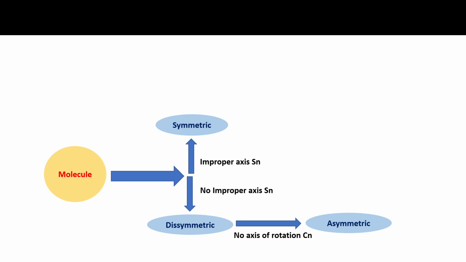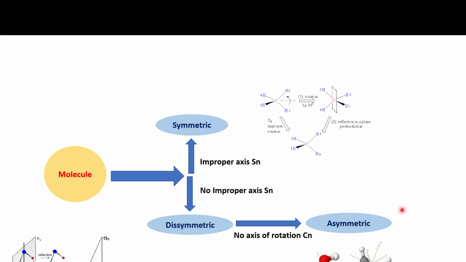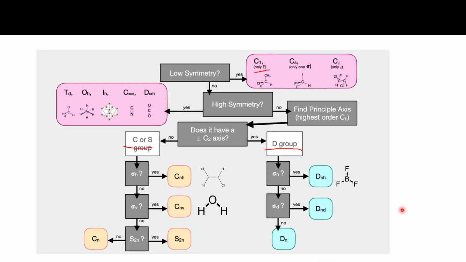If a molecule has any sigma plane, then that molecule is not chiral, so they are meso compounds. But when a molecule has only a Cn rotation axis or is asymmetric, then the molecule is chiral. Like this example I have given.